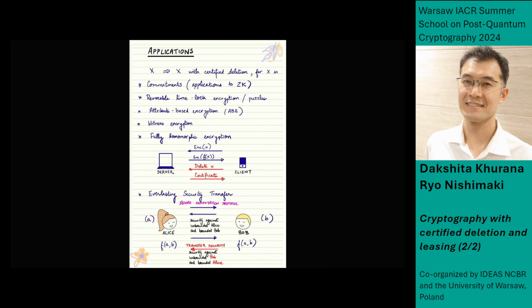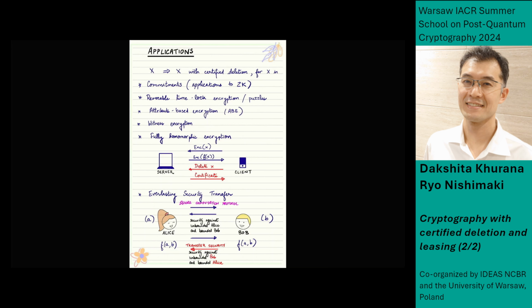For Alice, the security is computational, because Bob is computationally bounded. We can achieve this kind of security for secure two-party computation. But using the technique in this talk, we can transfer information theoretic security from Bob to Alice.